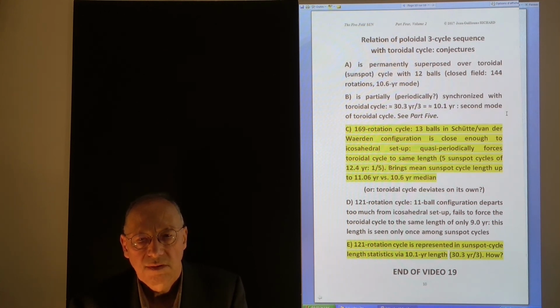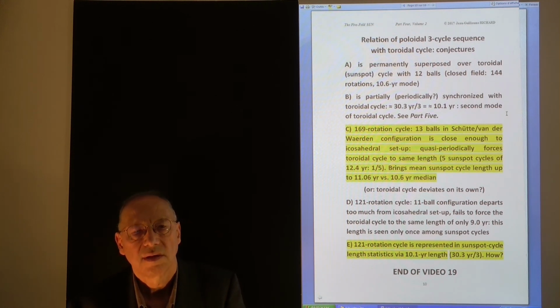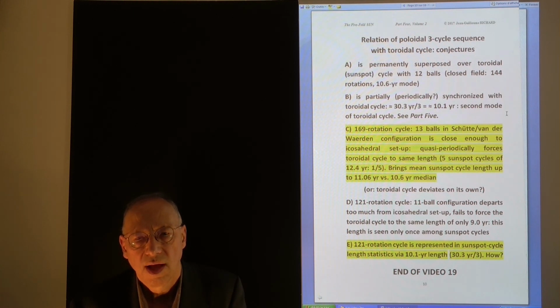We are left with the final question: why is this 11-21 rotation cycle indirectly present in the sunspot cycle length statistics via the mean of the 3 cycle lengths of 121, 121, and 161 rigid rotations, i.e. 10.1 years? How can this be possible?